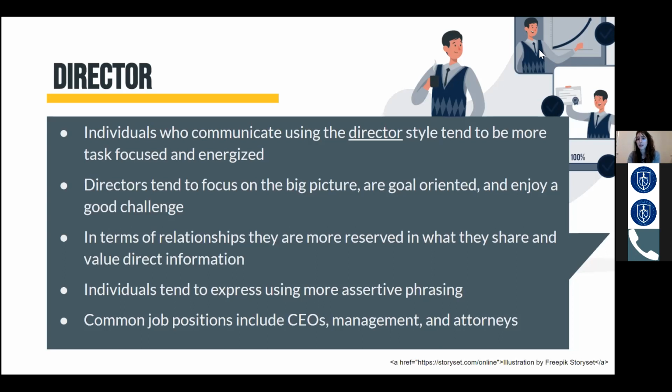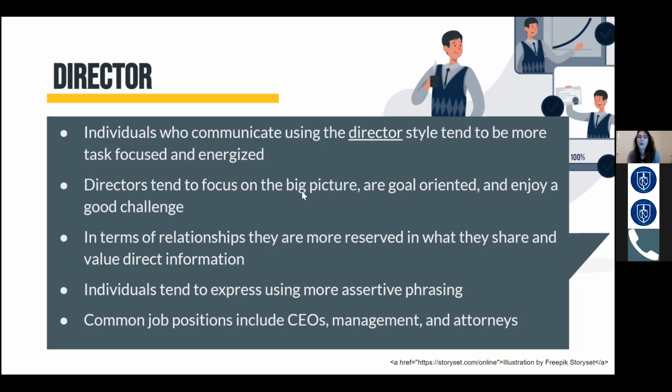Common job positions where you may see someone who uses the director form of communication include CEOs, management, and attorneys. That's not saying that everyone in those positions uses the director form of communication. They might prefer one of the other styles, but most of the time you'll see directors in CEO and management positions.